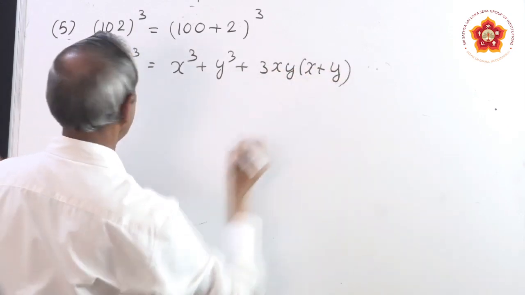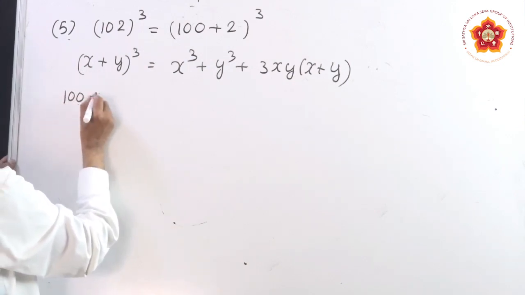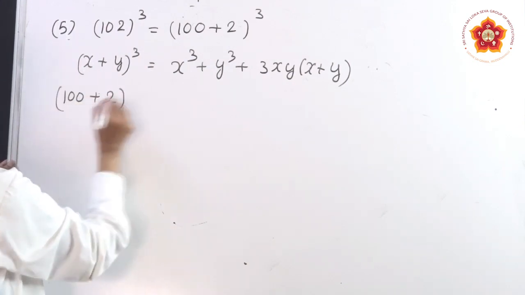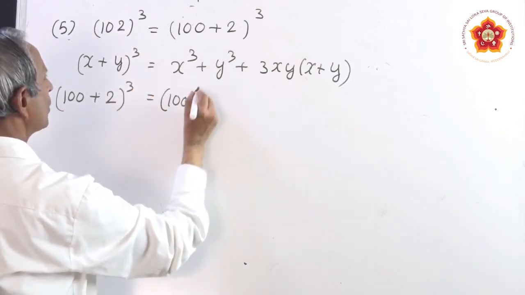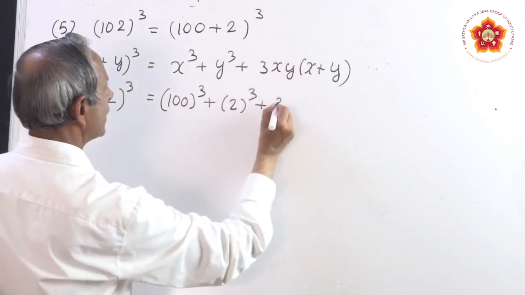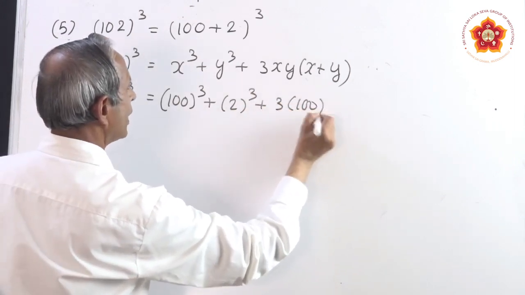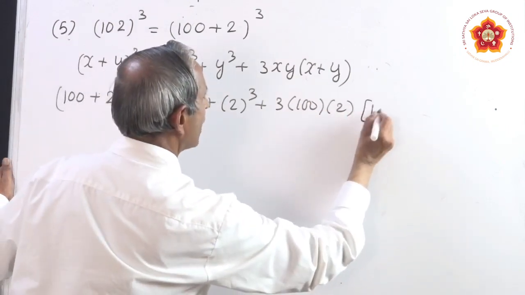This identity you have to apply now. In the place of x 100 is there, in the place of y 2 is there, substitute in the formula, then you will get 100 cube plus 2 cube plus 3 into 100 into 2, bracket 100 plus 2.